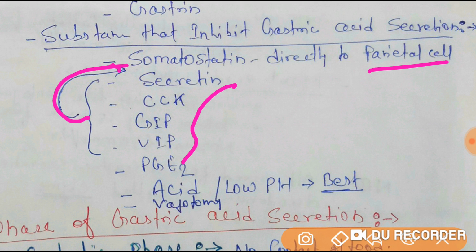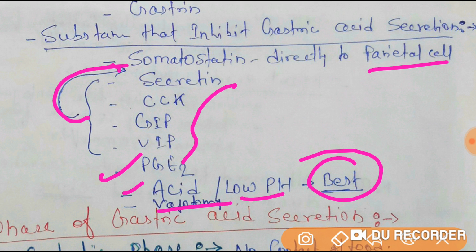Gastric acid secretion is also inhibited by PGE2 and by acid, low pH, that means it is based, which inhibits gastric acid secretion, and by vagotomy. The vagotomized patient has less gastric acid secretion, which is used in peptic ulcer disease.